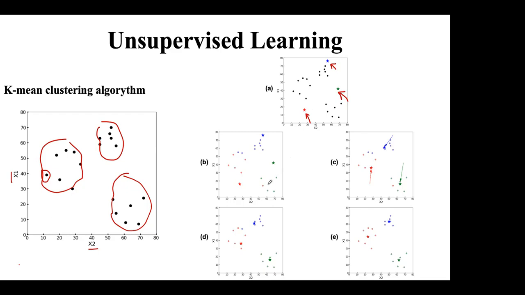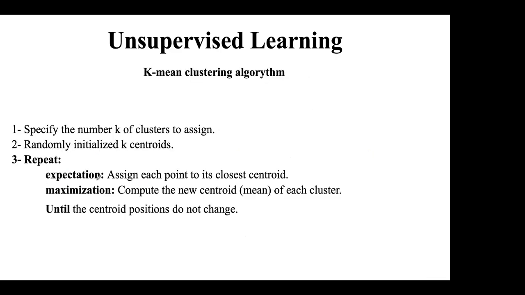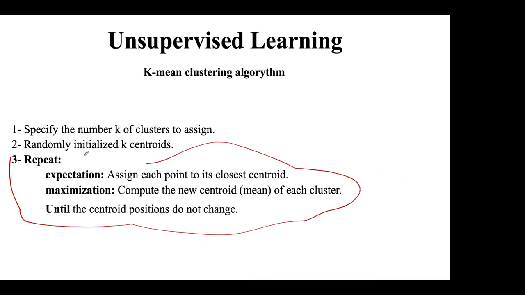The second step is a loop of the algorithm, an iteration, and I need to continue it until I get a good result, which is called expectation and maximization.